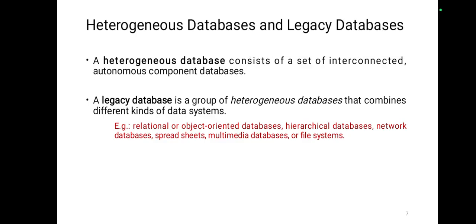So I will have different types of data stored in different databases, and they can communicate with each other and pass information. For example, one department may use Oracle, another SQL Server, while another stores their data in Excel files. This could be taken as an example of a heterogeneous database.